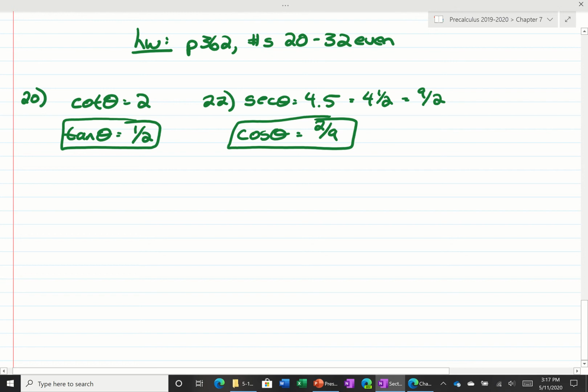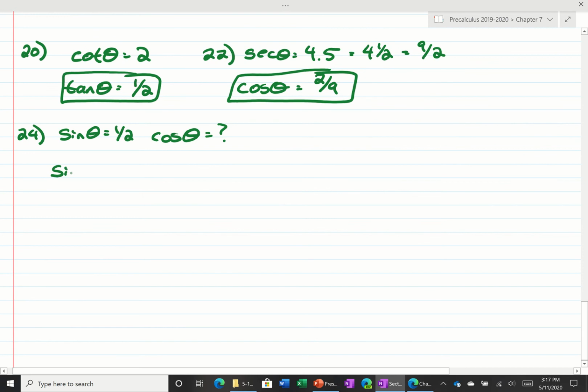For number 24, it's asking us if sine of theta is 1/2, find cosine of theta. Well, if you look at your formulas, the formula with sine and cosine is sine squared of theta plus cosine squared of theta is 1. That formula has sine and cosine in it and no other trig function.